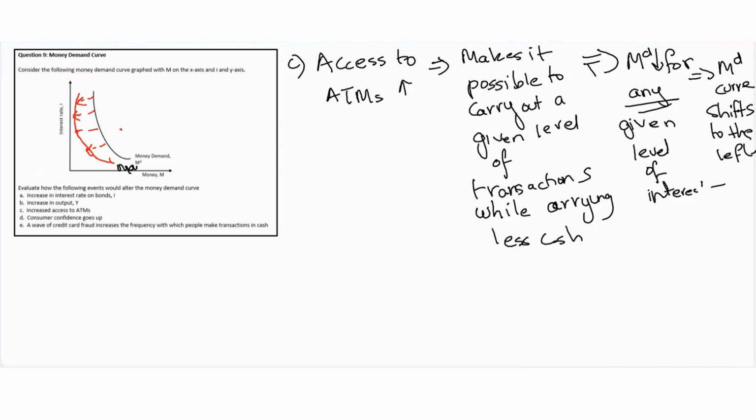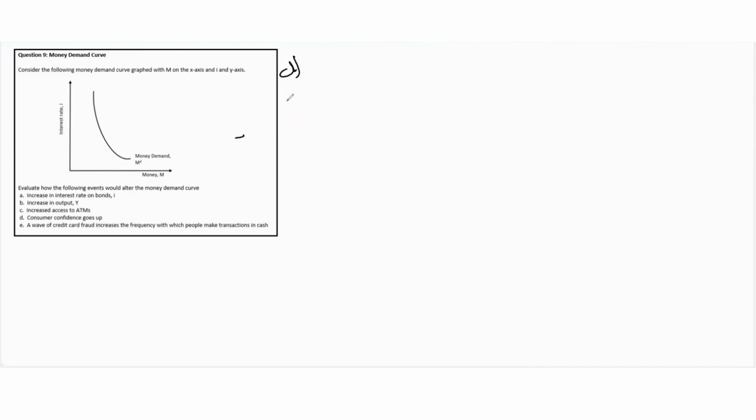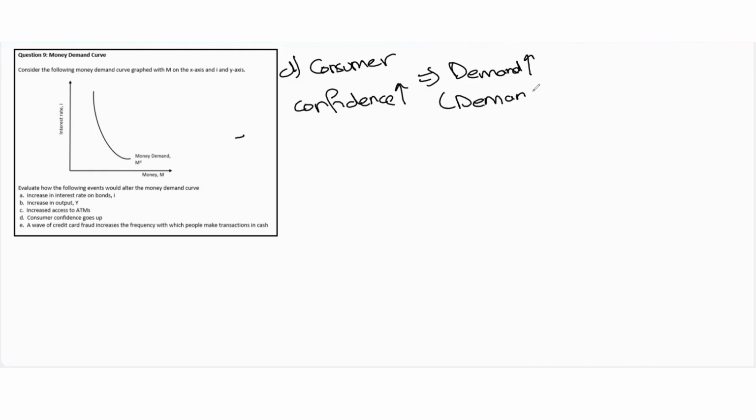The next part is that consumer confidence goes up. Now, when consumer confidence increases, demand increases. If you go back to the goods market model, the demand schedule shifts upwards.